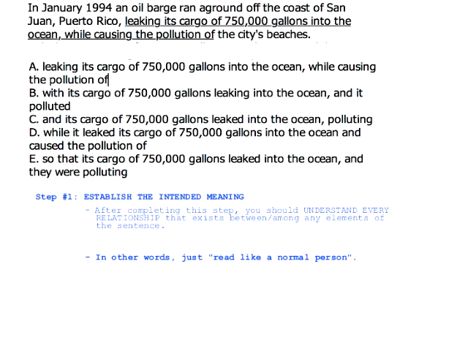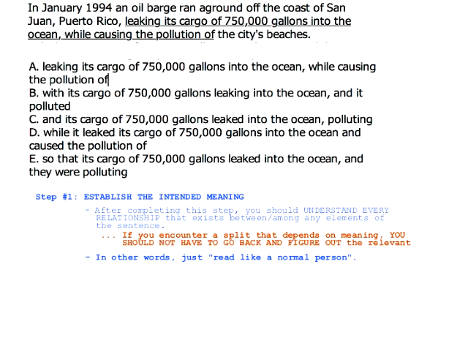If you encounter a split that depends on meaning in the choices, the test of whether you are doing step one effectively is that you should not have to go back and figure out the relevant aspects of the meaning.